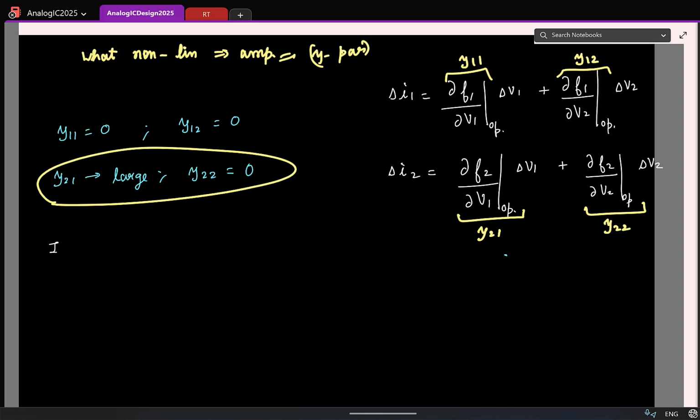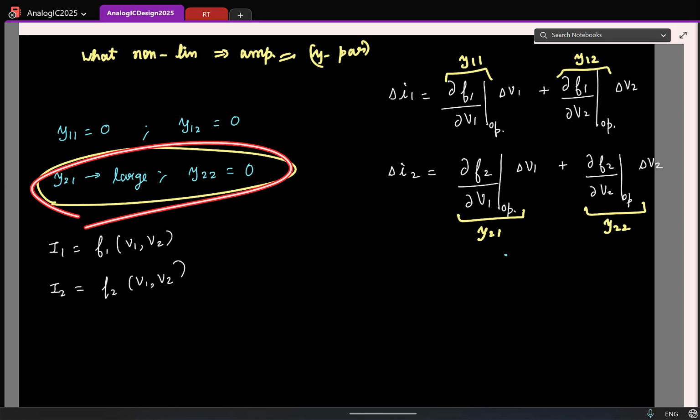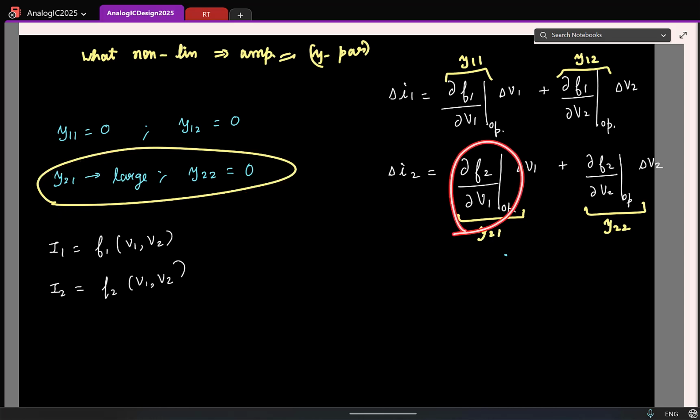And if I were to jog your memory, I had I1 as F1 of V1 comma V2, I2 as F2 of V1 comma V2, right? So what I am saying now is, I know this information about the small signal Y parameters, which means I know how the partial derivative should look, correct?